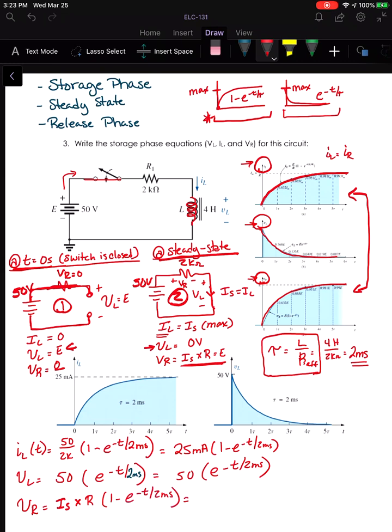Tau is still 2 milliseconds. So we've got our 25 milliamps times 2k ohms of resistance, 1 minus e to the minus t over tau, which is just 50 volts, 1 minus e to the minus t over tau. I think I'm going to clean that up just a little bit.